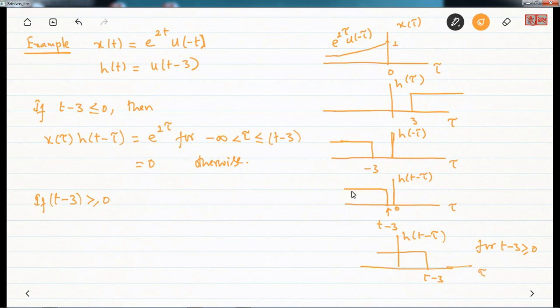In that case, the product of x of tau with h of t minus tau is non-zero only from minus infinity to 0.